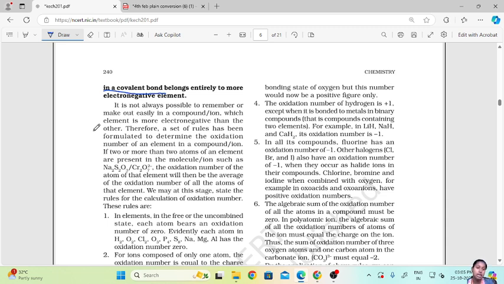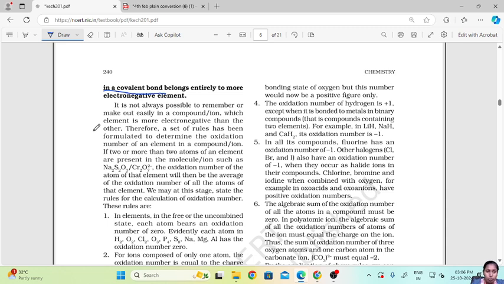So a set of rules has been formulated to determine the oxidation number of an element in a compound or ion. Rather than remembering valence shells and valence electrons, you cannot directly predict the oxidation state.